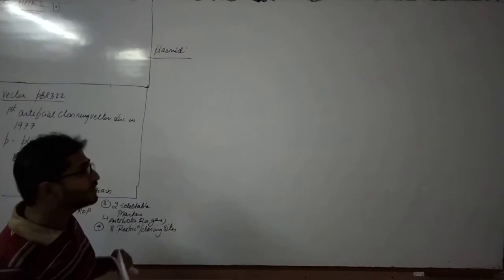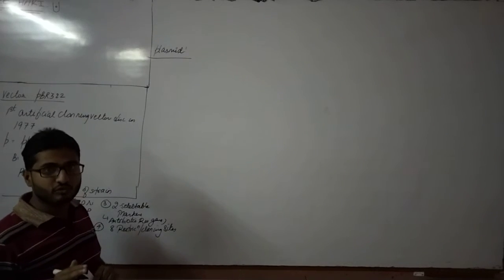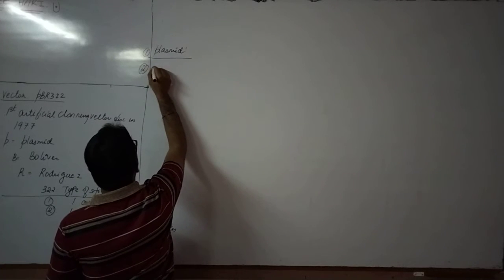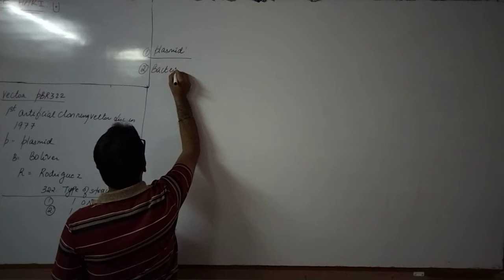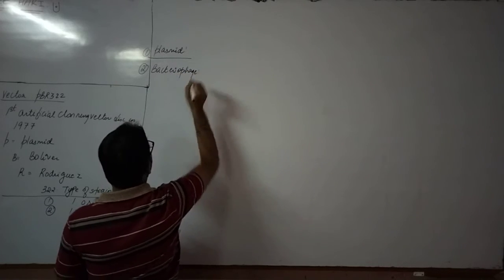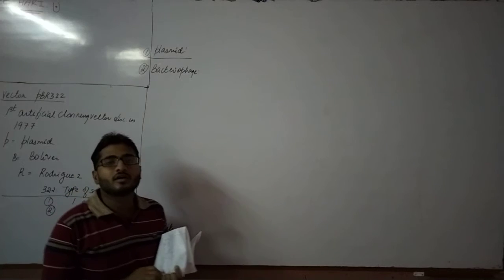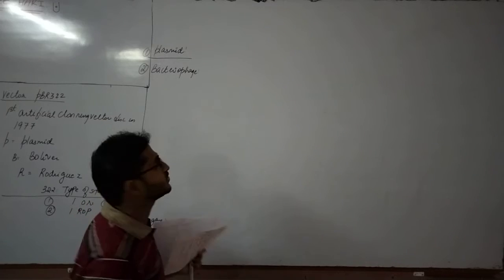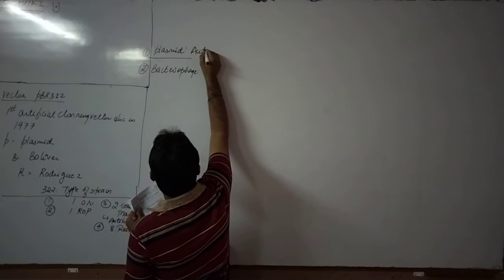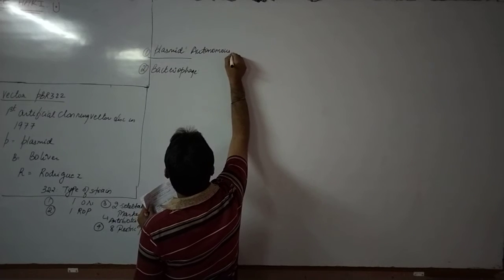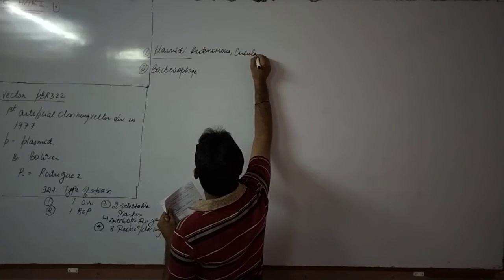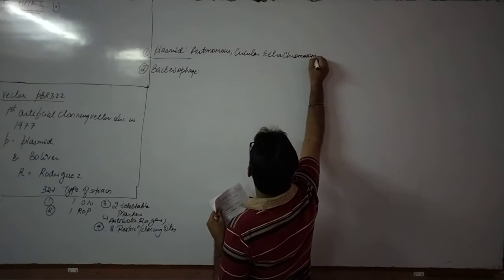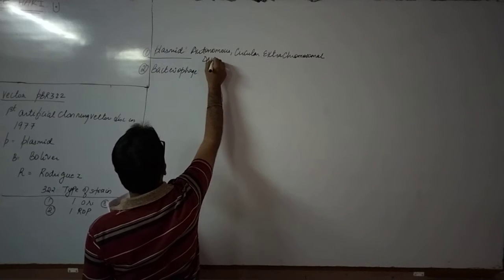Before discussing the details, there are basically two types of molecules or vectors used in recombinant DNA technology. The first one is plasmid and the second is bacteriophage. Plasmid is extra chromosomal DNA which functions on its own, so it is an autonomous, circular, extra chromosomal DNA within the bacterial cell.